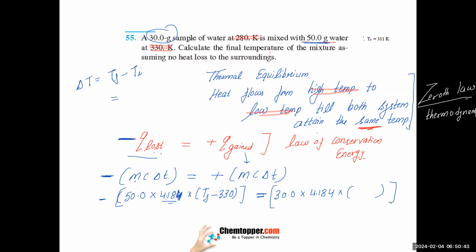Don't subtract these two temperatures. The final temperature is not this. This was the initial temperature of this system. Yes, T final minus 280. That's the aim, calculate the final temperature. You can take it as X also. Lasya, can you correct it?